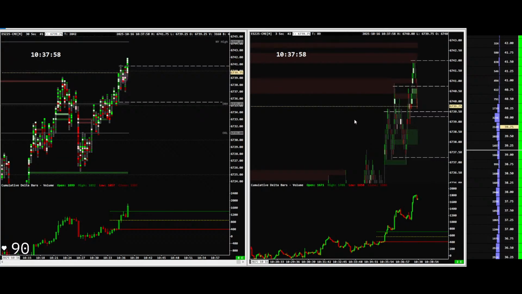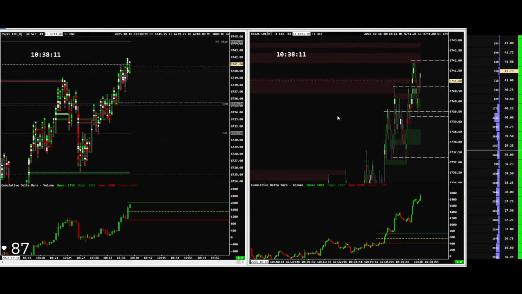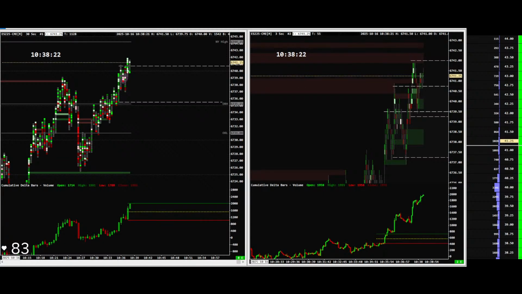Hold on. Let's see what they do. It's not quite as aligned as I would like it to be. I would say there could be a long for the continuation. Problem is these are a little spread out.